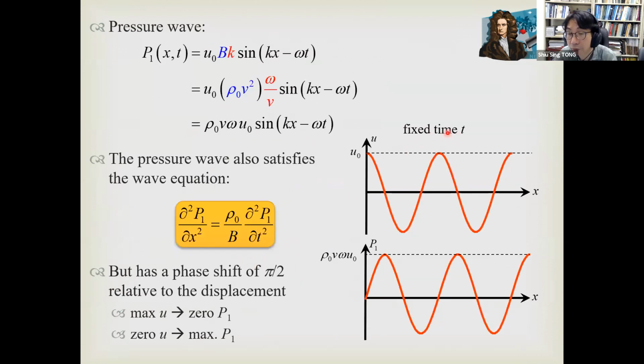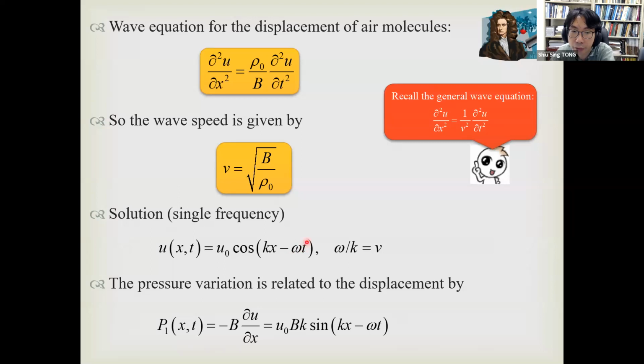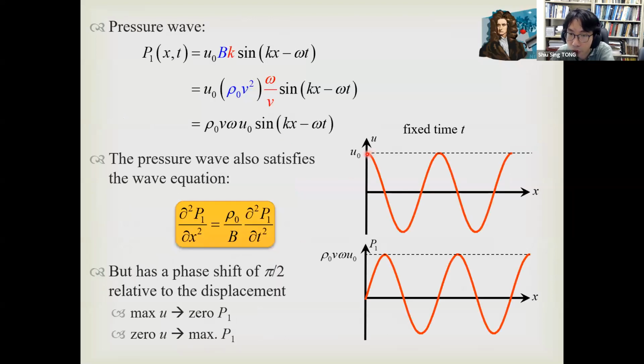Suppose we look at the wave at time t equal to 0. So we don't have this term. So the displacement wave goes as cosine kx at time 0. And the pressure wave p1 goes as a sine. The sine function is something like this, right? Now the cosine function is this, the sine function is this.